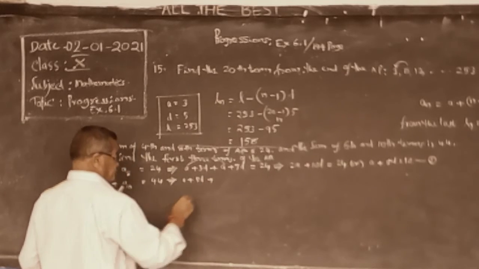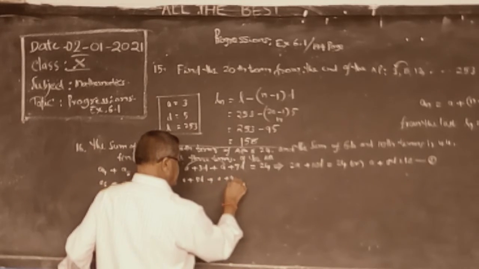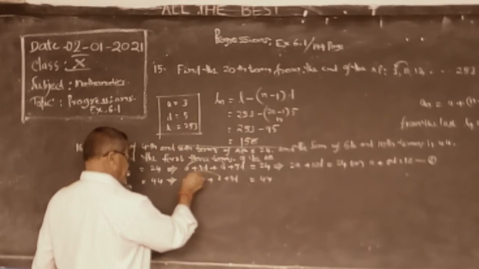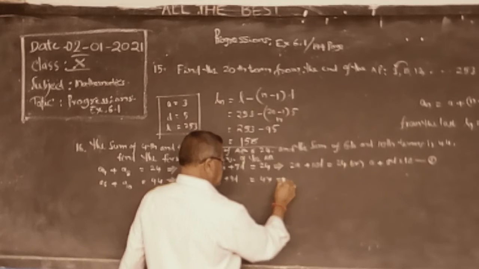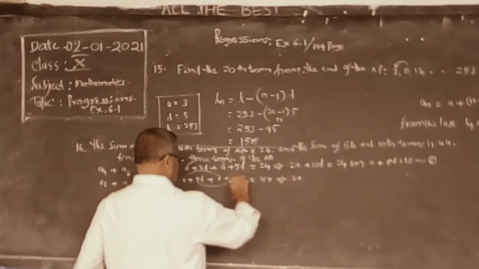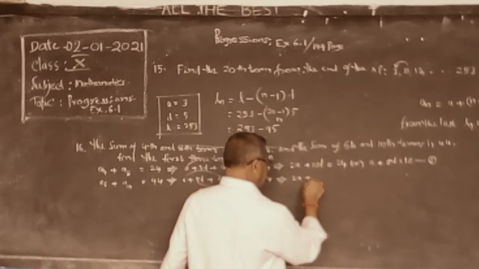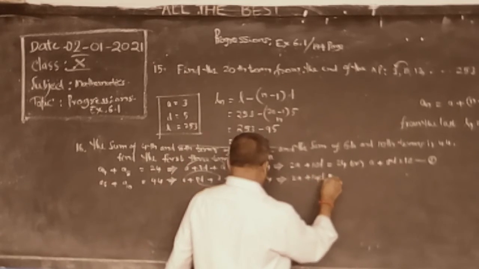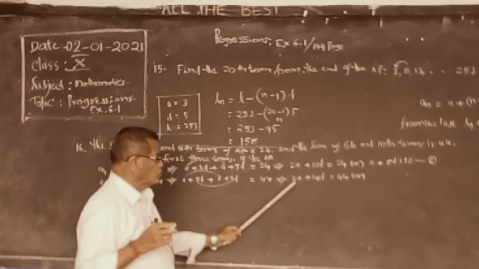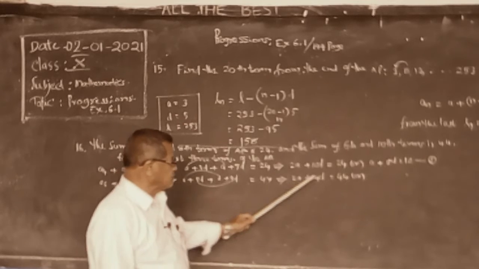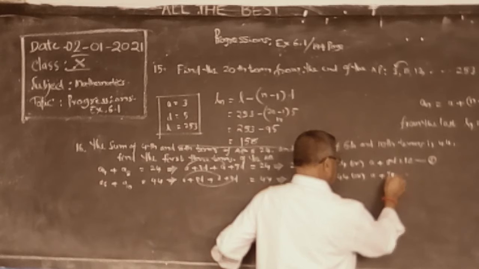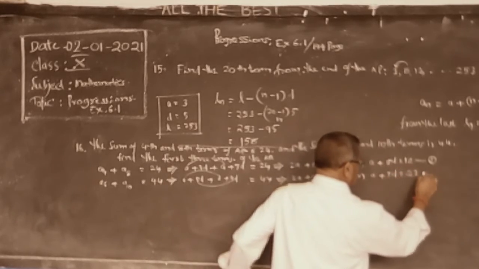And the tenth term, 10 minus 1, 9D is equal to the given 44. So A plus A, 2A plus 14D is equal to 44. Dividing both sides by 2, A plus 7D is equal to 22.